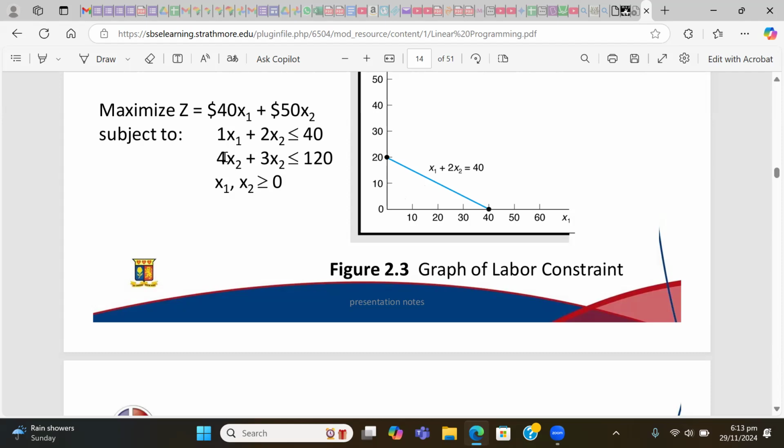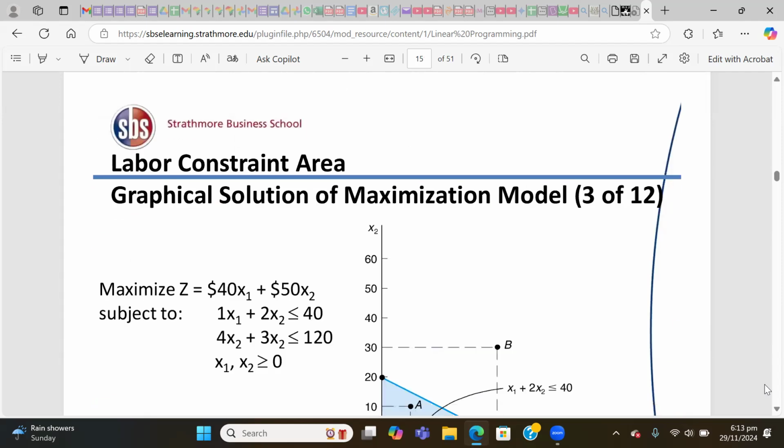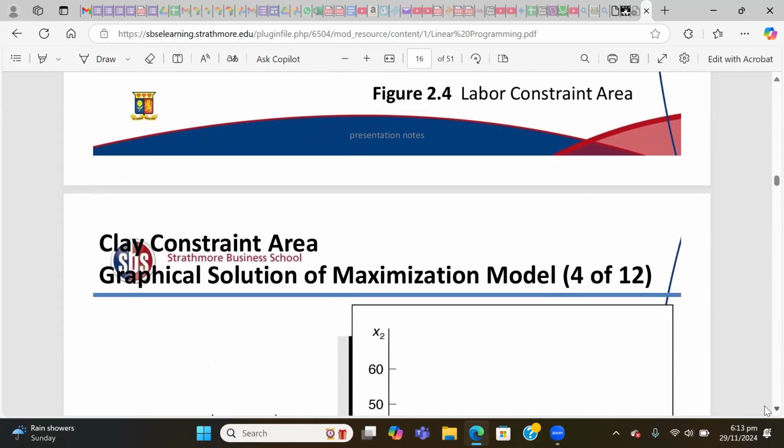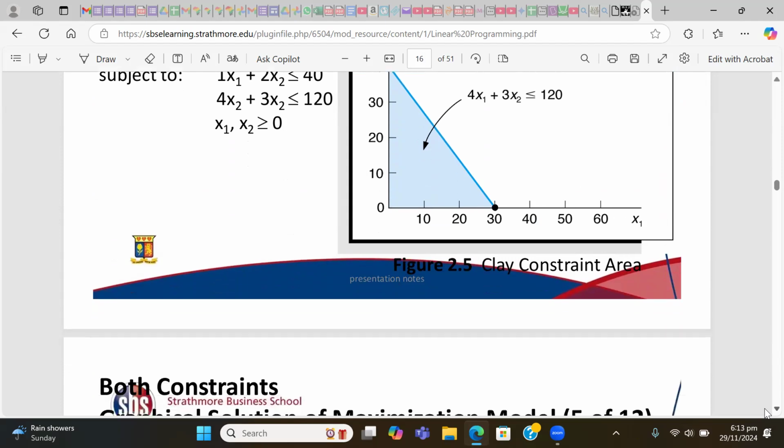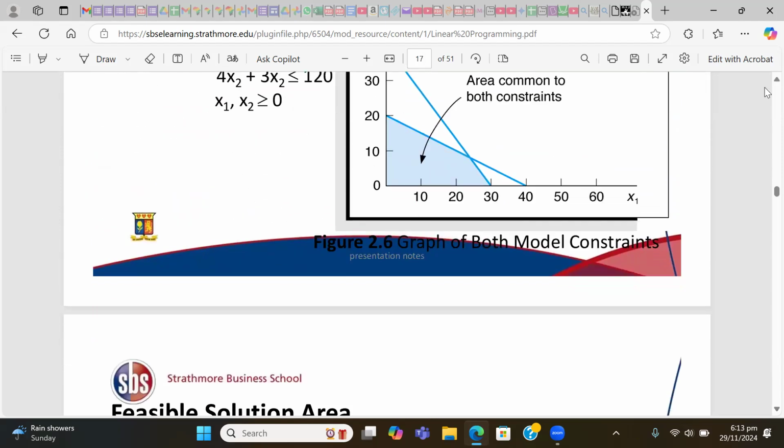You do the same thing for 4x1 plus 3x2 is less than 120. Let me go down to that. That's this one here, right? Combine the two on one graph. This is it on one graph.